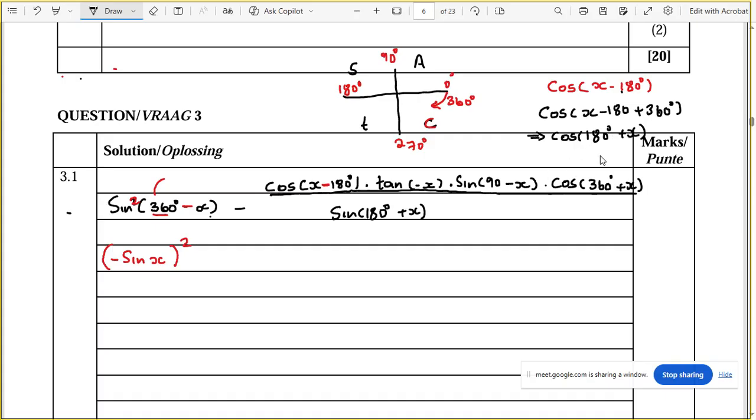Then you check: 180 plus x is in quadrant 3, because when you add 180, you approach 270. That gives you quadrant 3. How is cos in quadrant 3? Cos is negative. So this will be negative the cos x.